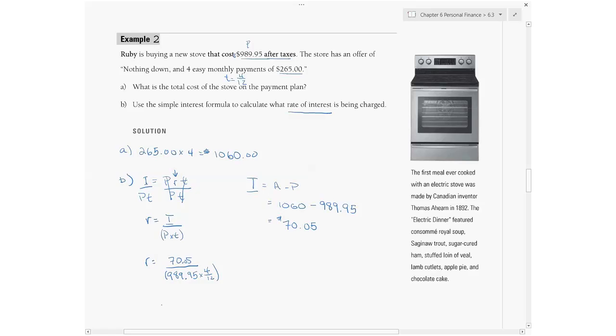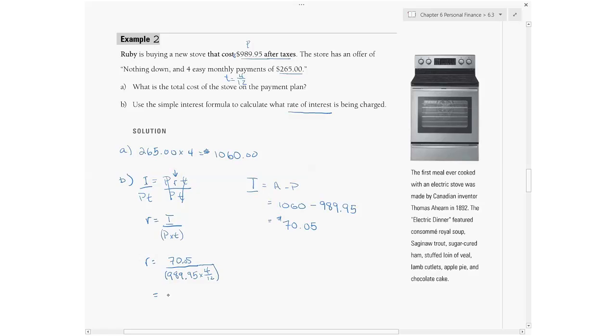Okay, so let's throw that into your calculator. One thing, why did I put the brackets here? Because when you put it into your calculator, you're going to have to use those brackets. So you're going to say it's 70.05 divided by, open bracket, 989.95 times 4 divided by 12, close bracket, equals.